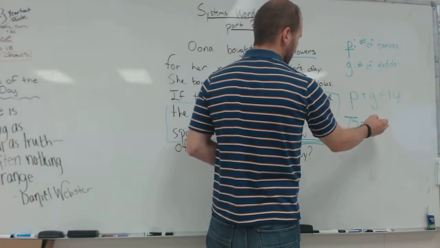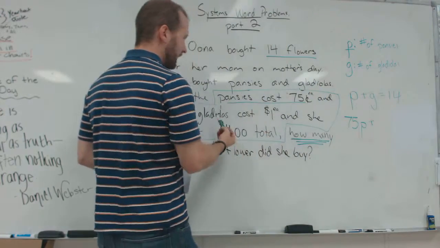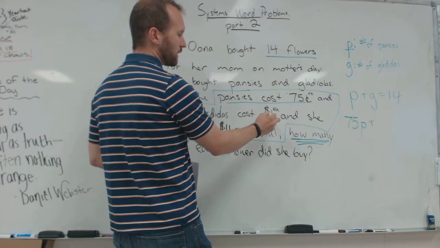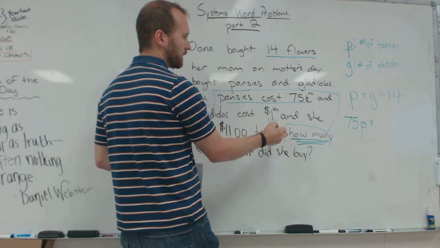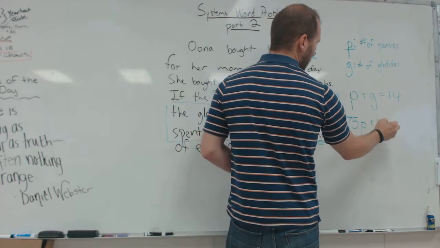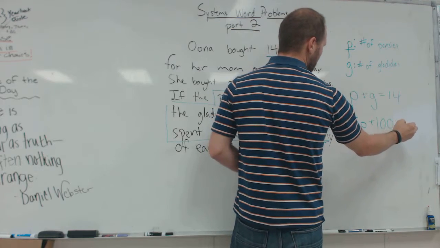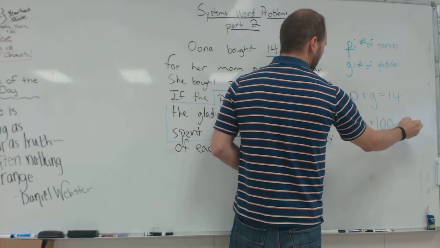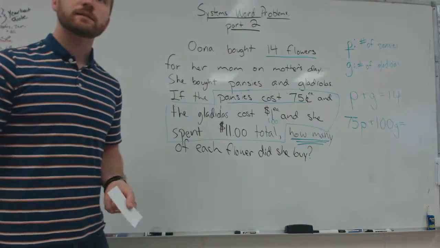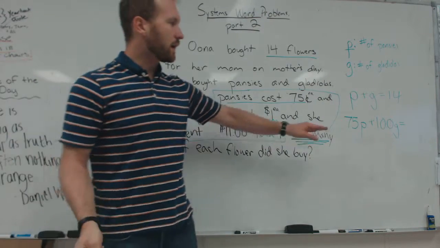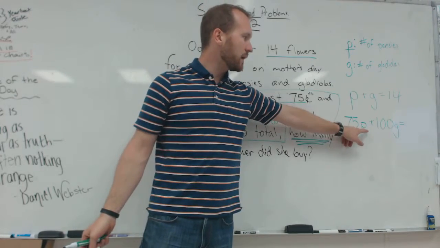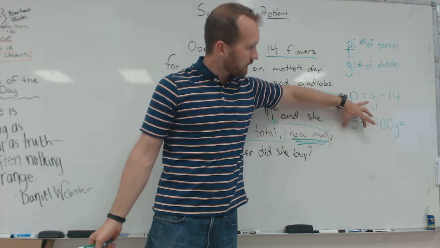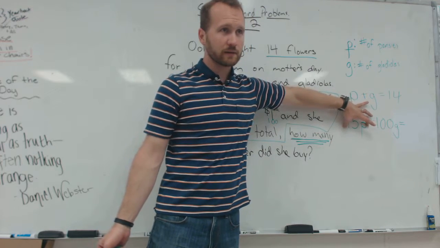Plus, the gladiolas cost $1. I want to write $1 in cents. So $1 is 100 cents, 100G. And that's going to equal the total cost. If we take the cost of a pansy times the number of pansies, we get the amount that she spent on pansies.